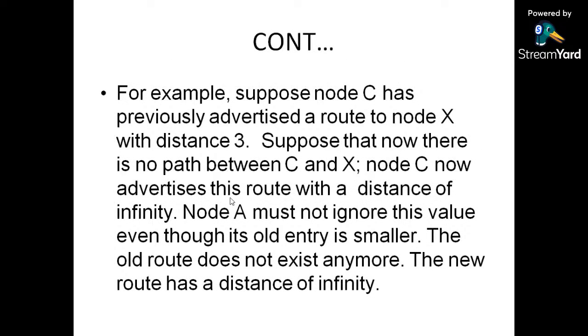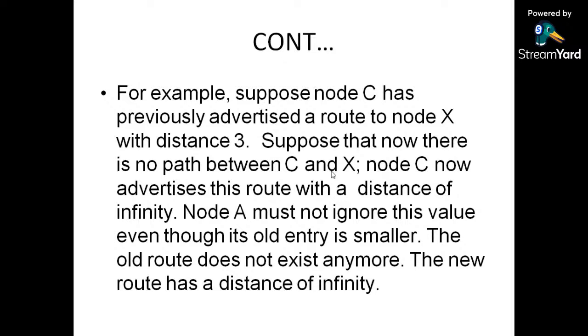So, for example, suppose node C has previously advertised a route to node X with distance 3. Now suppose that there is no path between C and X. So node C now advertises this route with a distance of infinity.